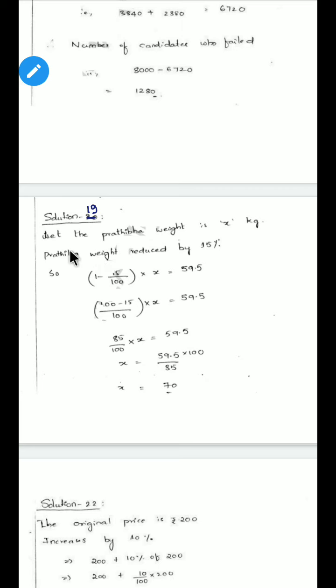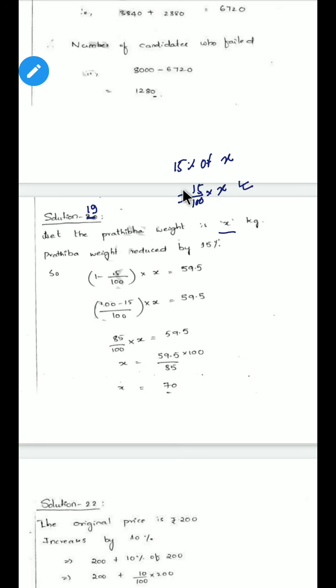So what is given here? Pratibha reduced her weight by 15%. Let Pratibha's weight be x kg. How much weight was reduced? 15% of x, that means 15 by 100 into x. So this much weight was reduced.